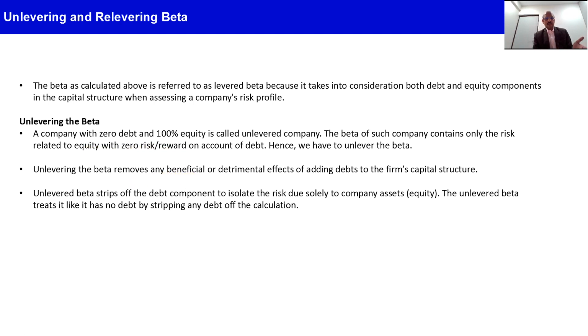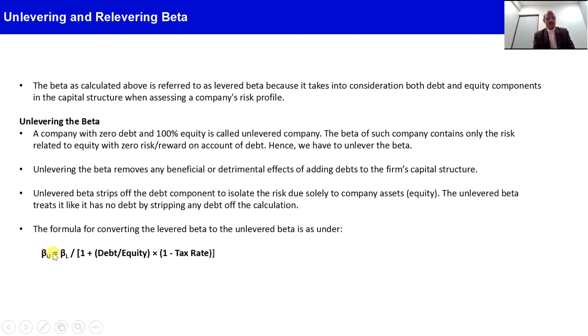Basically, the effect of debt, either beneficial or detrimental, has to be removed from the beta to isolate the risk of debt from it, and the remaining beta will only represent the risk solely associated with the company's equity. That stripping off of the debt effect from the levered beta we can simply do by this formula.